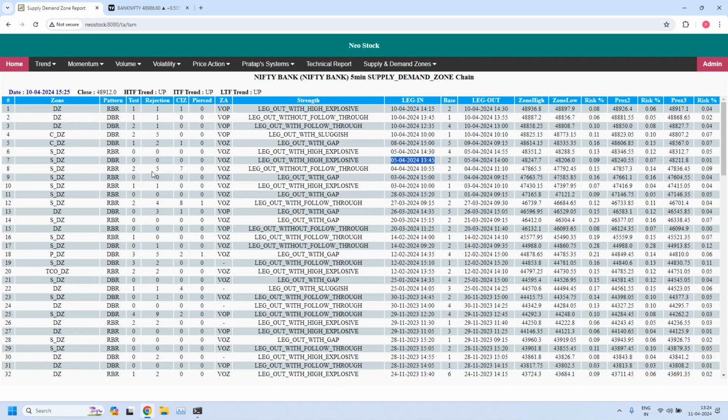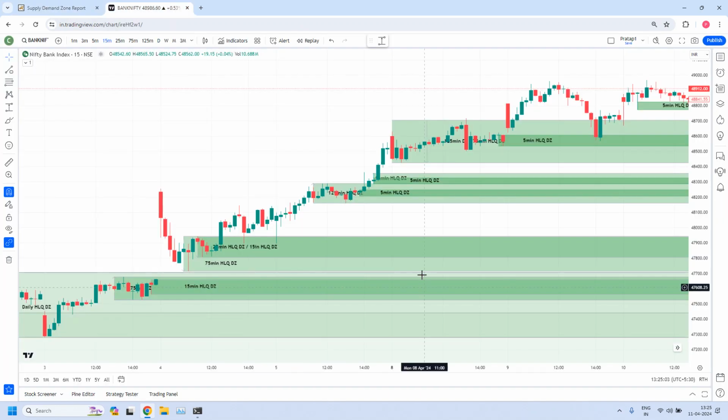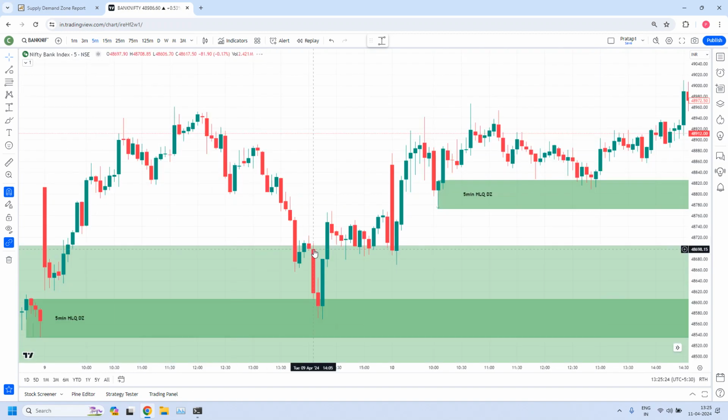Already tested 2 times, 5 rejections. It's completely holding the prices. What is this position? Let us see. When it is created, 4-4, 10:55, 2 base candles. Somewhere here, 10:45. What is this time frame? I'm sorry, we are at 15.